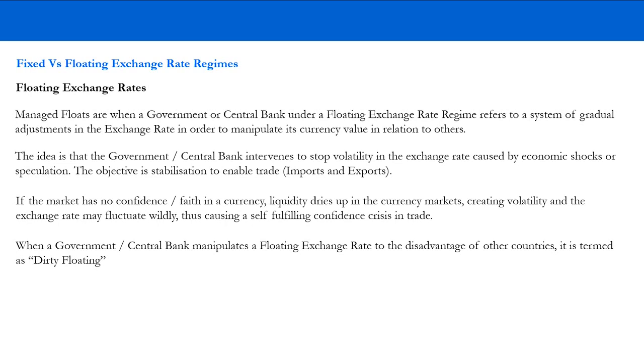A fixed regime is one in which the value of a currency is fixed or pegged to something else. So either another currency or, as in the Bretton Woods example, fixed to the value of gold. And in the Bretton Woods situation, money can't be printed at a rate that is higher than new gold can be mined.